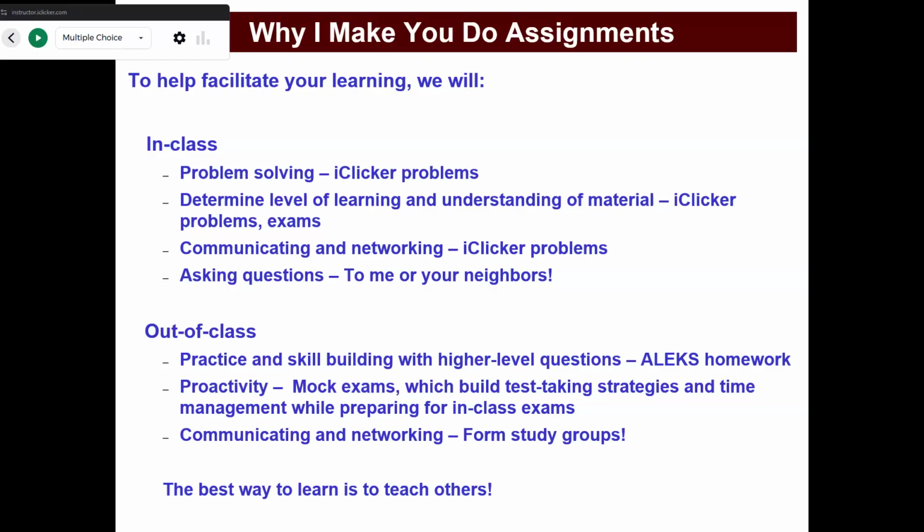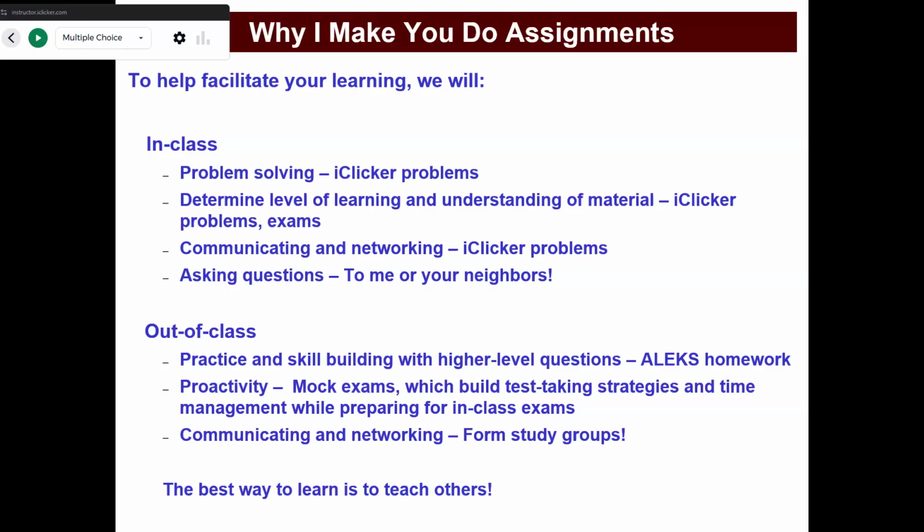And then outside of class, you will practice your skill building and answering higher level questions, critical thinking with your homework, learning about proactivity, how to study early, not just the night before the test. I will release the mock exams about a week before each test. There won't be one for the mini exam, but for all the other exams, there'll be a mock exam, which will help you with test taking strategies and time management in exams.